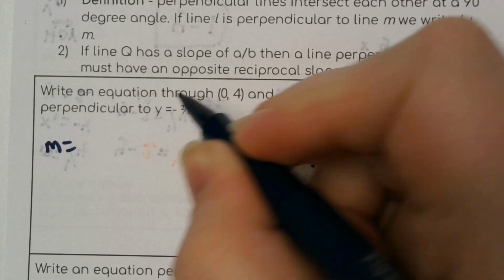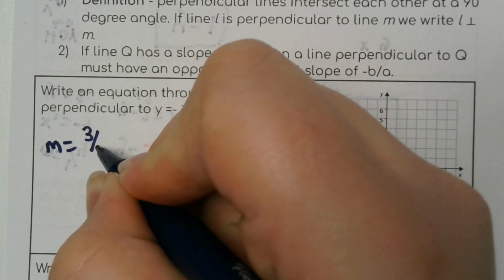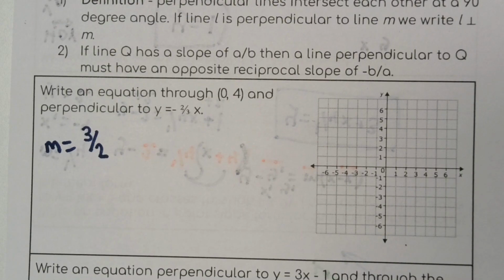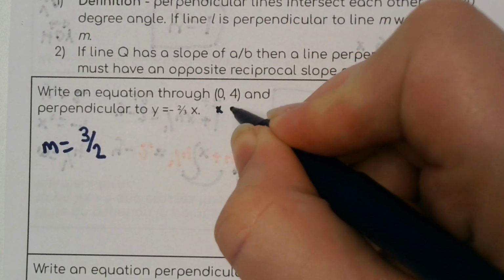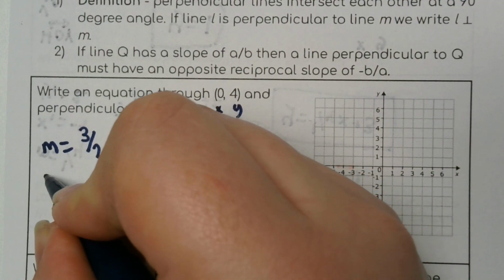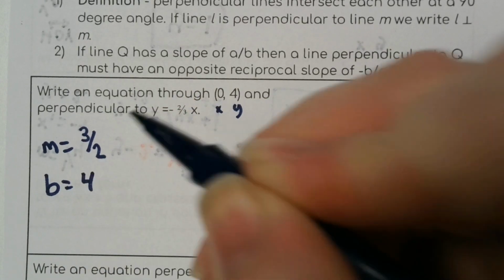And then if I flip that fraction, it's going to be 3 over 2. Okay? And then in this case, do we know our y-intercept? Yeah, it's 4, because x is 0, y is 4. So my b value is 4.